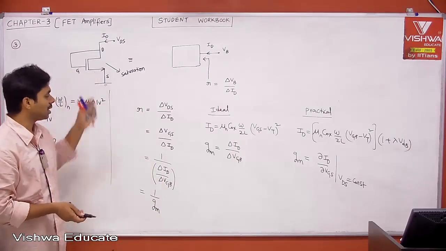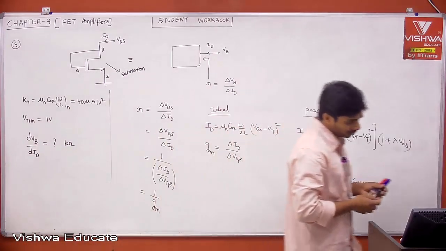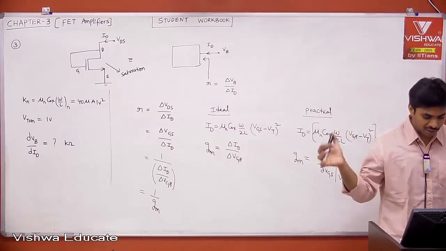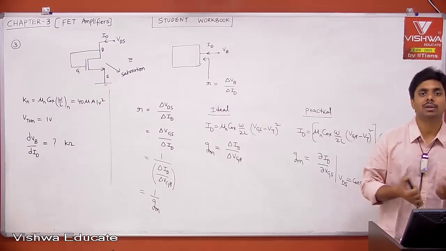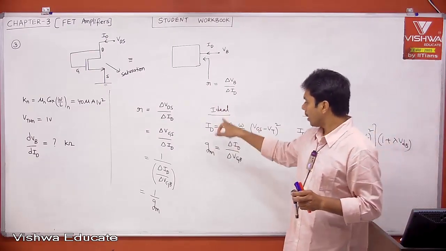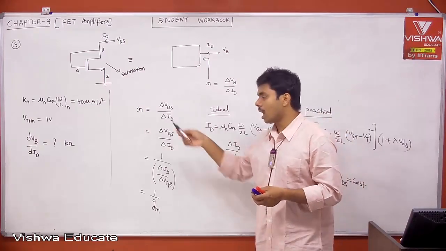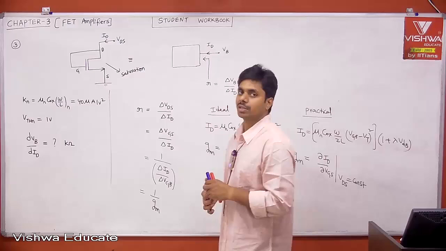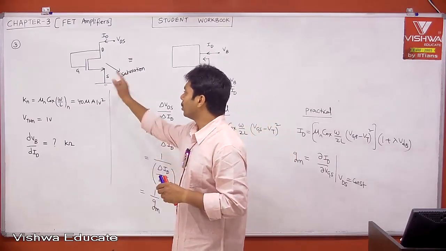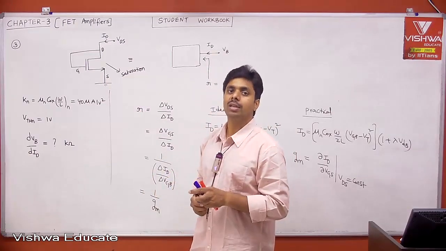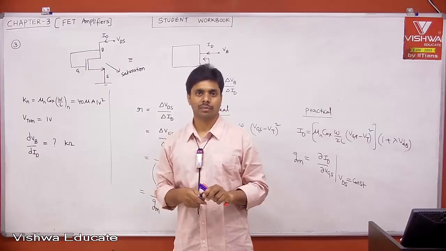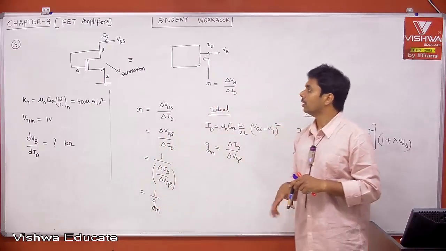If the problem says neglect body effect and channel length modulation, it means the ideal model, which is indirectly asked. Therefore, this is the GM which we used. The dynamic resistance or AC resistance of a diode connected MOSFET is 1 by GM. That is what it is. Okay, take it.